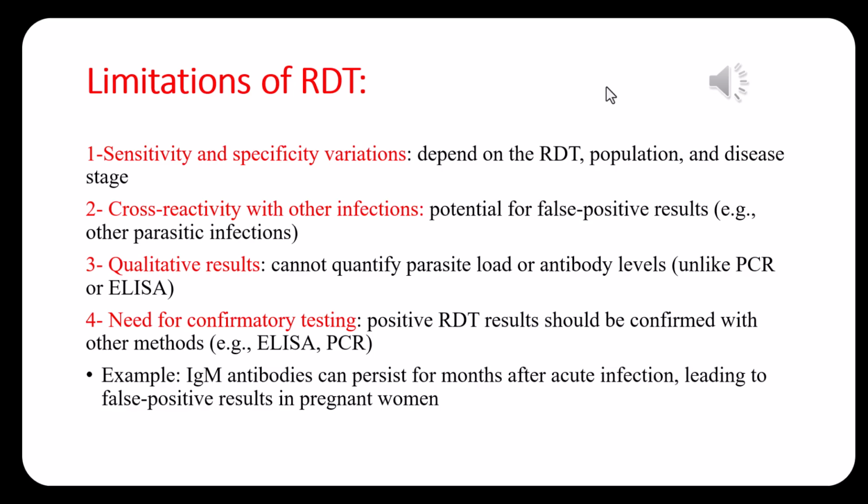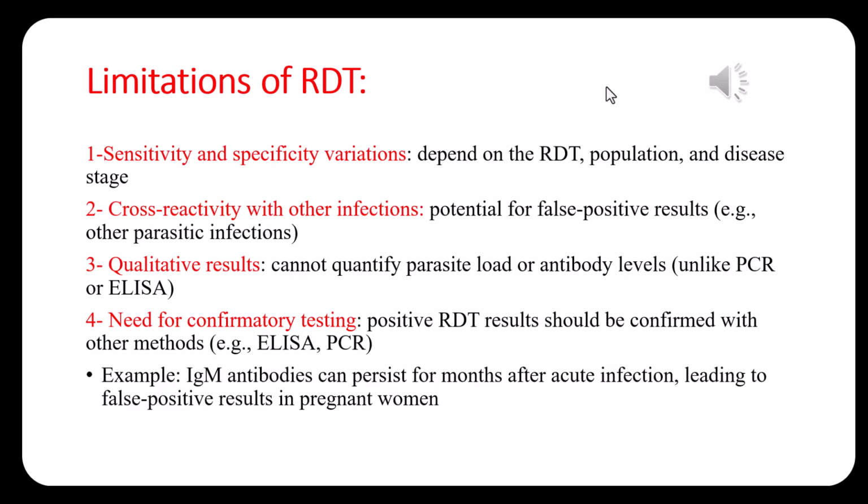Another limitation is the need for a confirmatory test. What does confirmatory mean? When you do this test and it gives you a positive result, you have to confirm it. It is only a point of care test and does not give you the identified result. If you have a positive result, you have to confirm it by ELISA or by PCR.